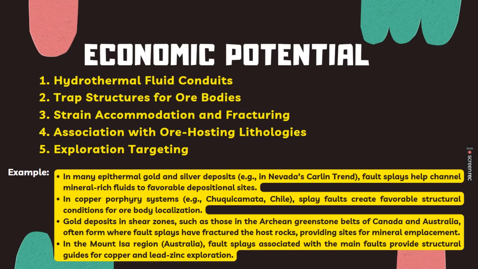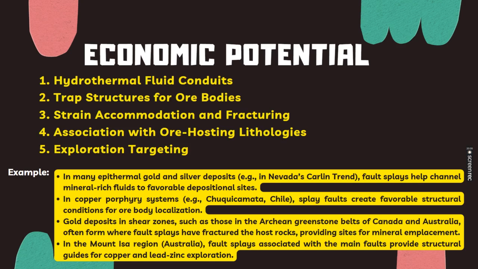Okay. Now in copper porphyry systems in Chile also, splay faults create favorable structural conditions for ore body localization. Gold deposits in shear zones, such as those in the Archean greenstone belts of Canada and Australia, often form where fault splays have fractured the host rock, providing sites for mineral emplacement.